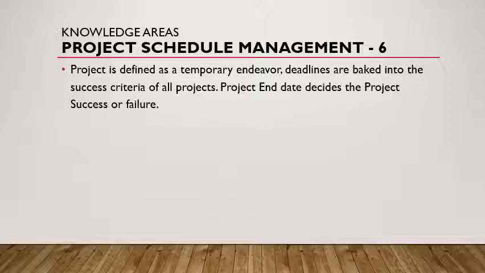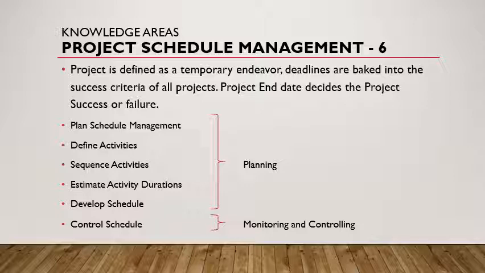Let's see which are the processes under which the schedule has to be managed effectively. During the planning stage of the project lifecycle, there are 5 processes wherein the schedule management has to be followed rigorously. The first process is plan schedule management.